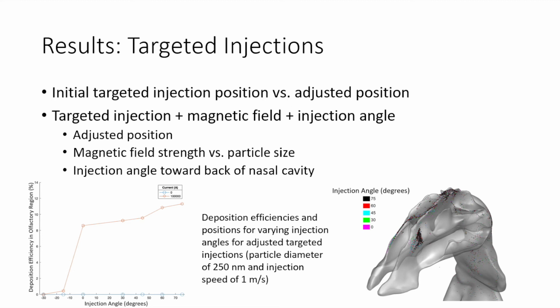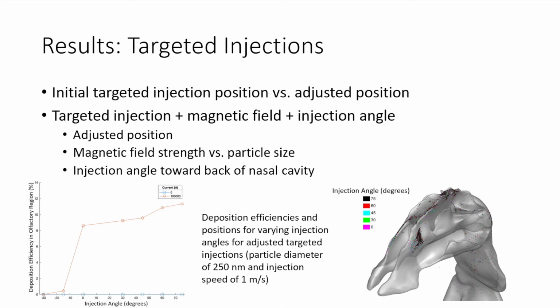Compared to the initial targeted injection positions, fewer particles landed on the front wall, as the adjusted injection positions allowed the magnetic field to draw particles toward the front of the nasal cavity and be more likely to deposit in the olfactory region without hitting the front wall of the nasal cavity before even reaching the olfactory region.